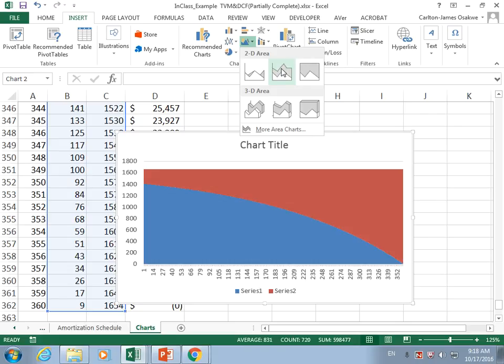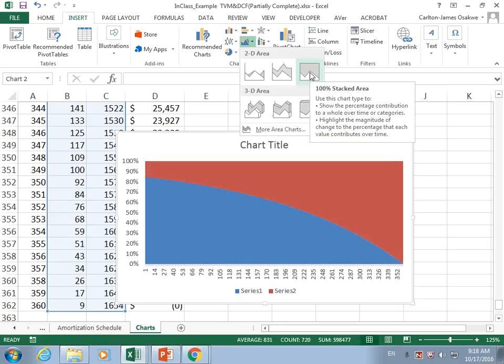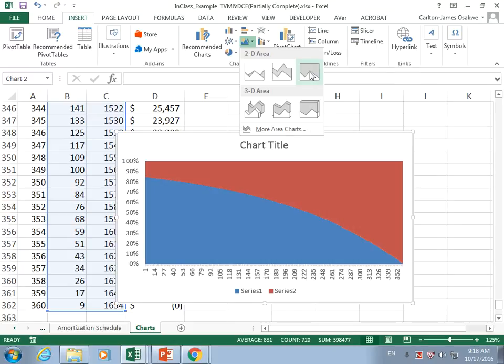Okay. Now, I actually would prefer, if you go with this one here, this is the stack percentage chart where it shows out of the full amount, and this is perhaps even preferable, out of the $16.44 you make per month, it shows 100%. This is the full amount you make each period. Out of that, you can see about 85% goes to interest at the beginning and about 15% goes to principal.